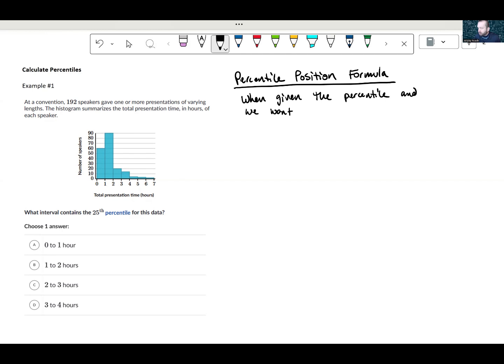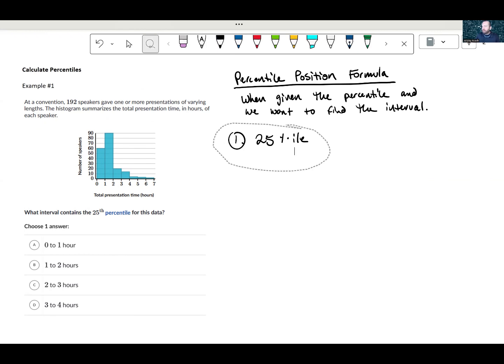I'm just going to say want to find the interval. All right. So to calculate the 25th percentile, and sometimes percentile is written like that, let me write the formula first above here.